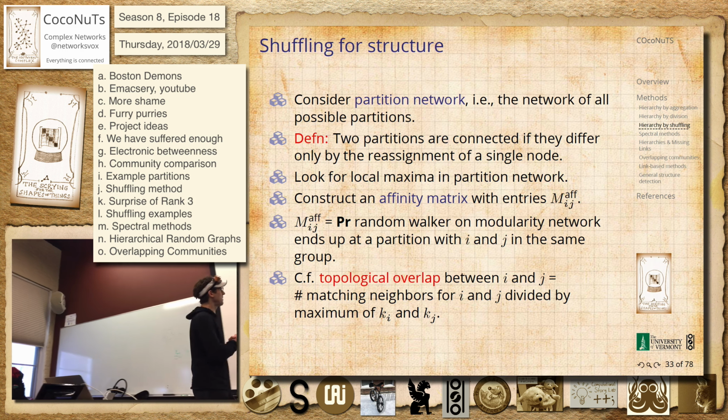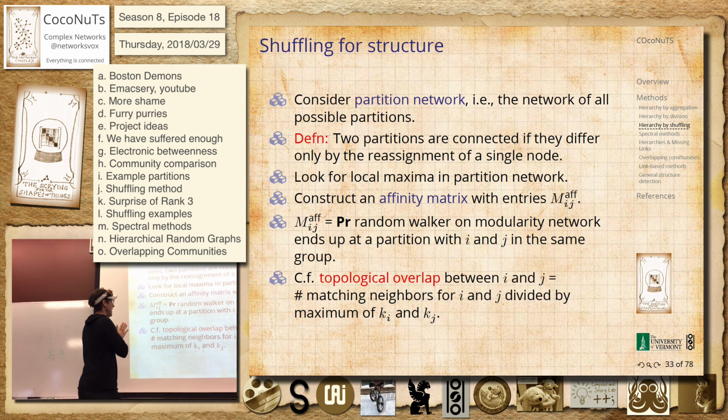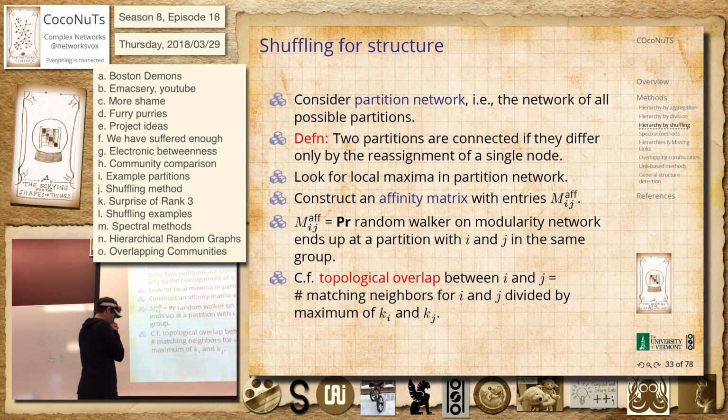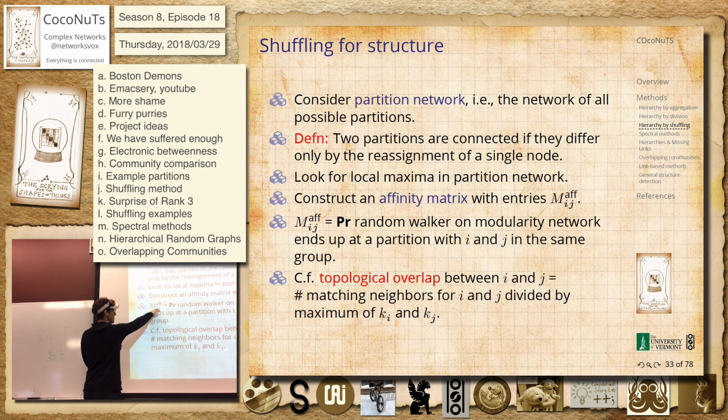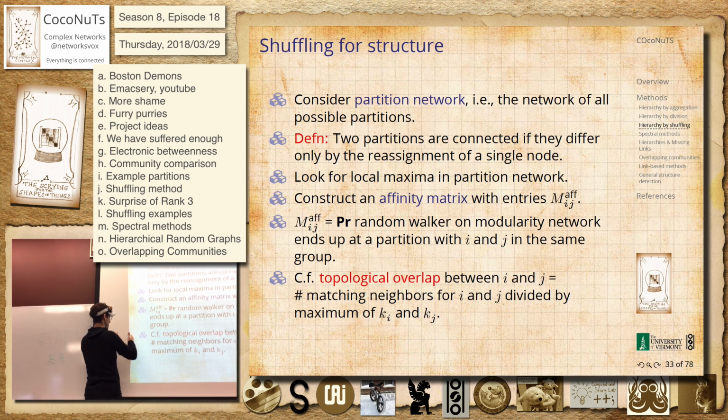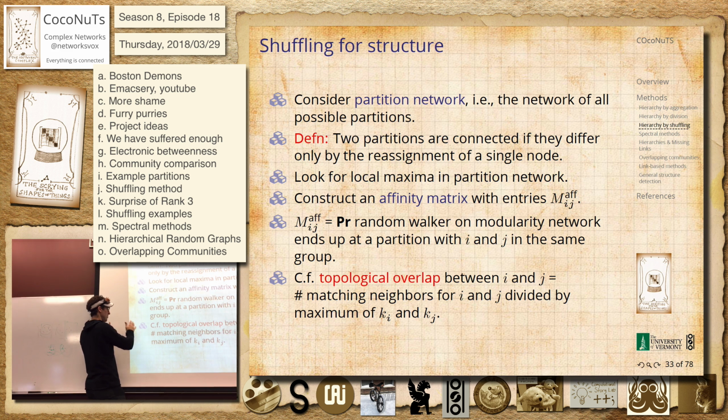So now we have this affinity matrix. And the idea will be, it's I and J, so they're over the number of nodes that we have, right? So you have the adjacency matrix, which is your original one, who's connected to whom, and now you have an affinity matrix, and all the numbers in this matrix will be 0 to 1. So again, an n by n, and they're probabilities, right?